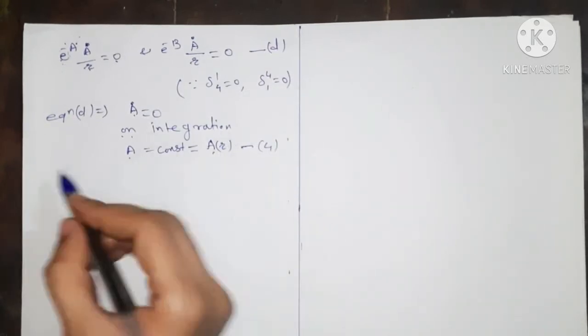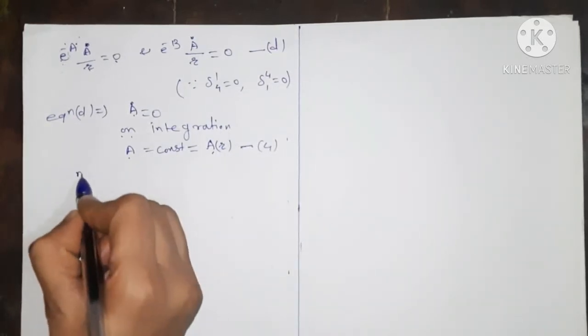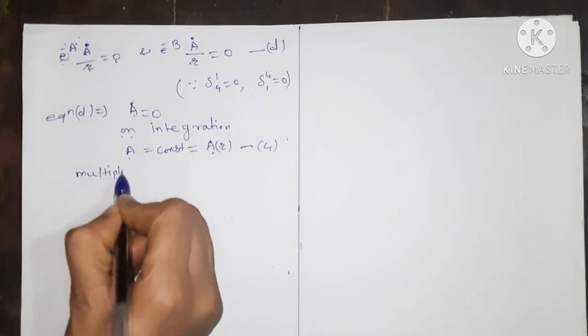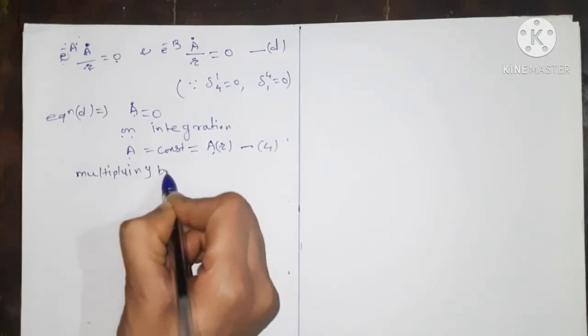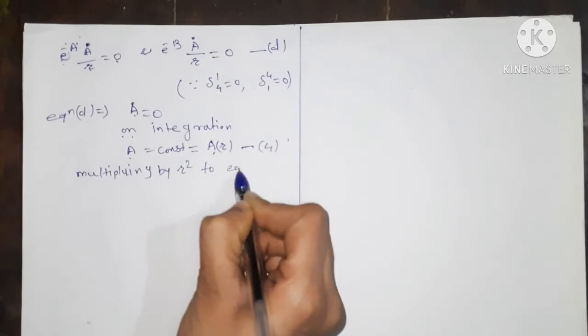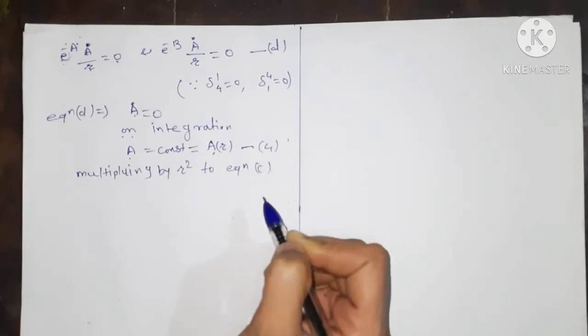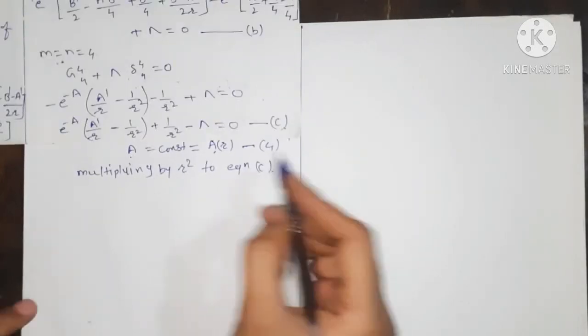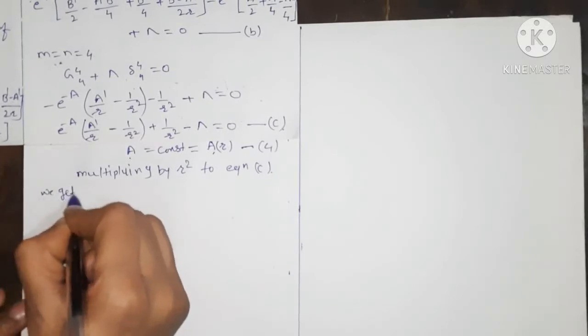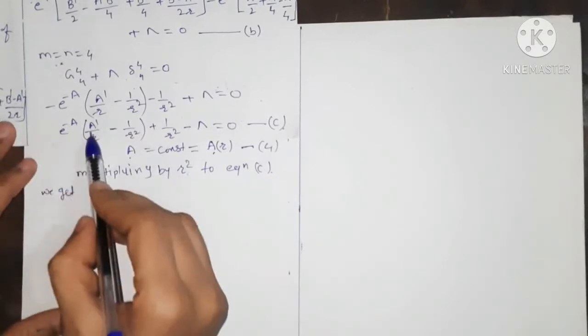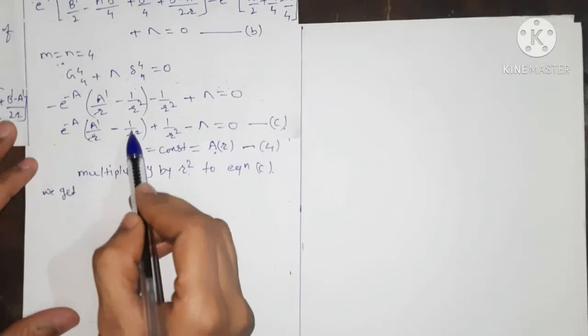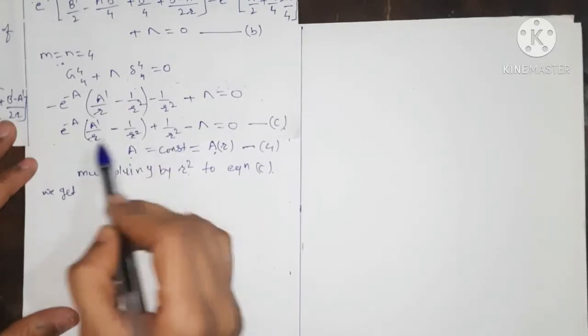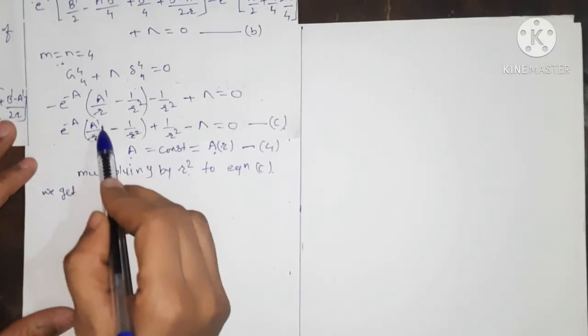Now we multiply by r square to equation C. What is our equation C? Now here if we multiply by r square, so r square here gets cancelled, here r square gets cancelled, and r square upon r is r.